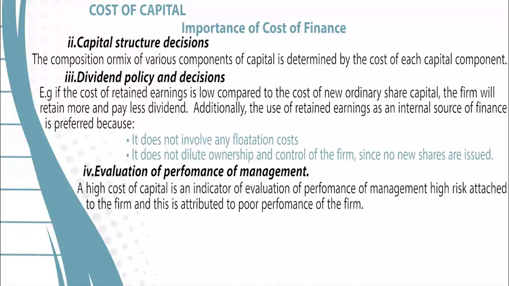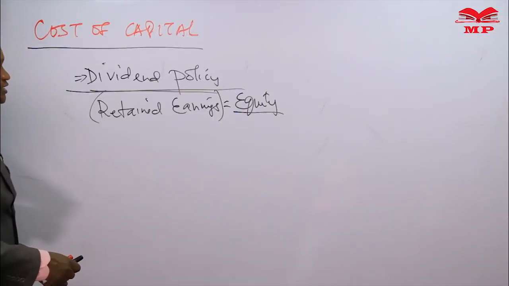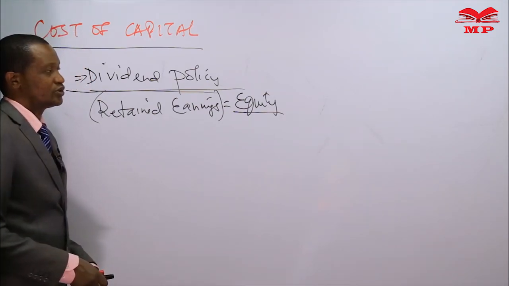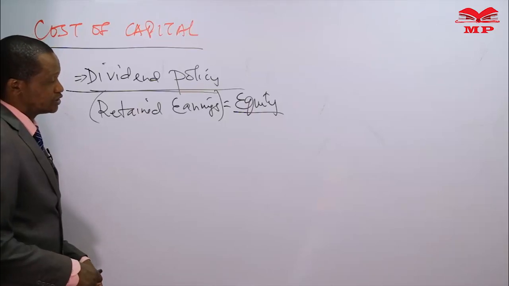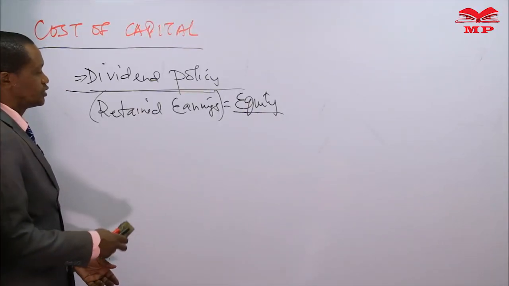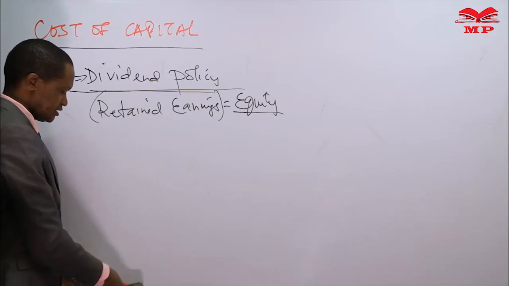A high cost of capital is an indicator of high risk attached to the firm, and this is usually attributed to poor performance of the firm. So if the cost of capital is very high for an organization, that could be an indicator that the performance of the management is poor.